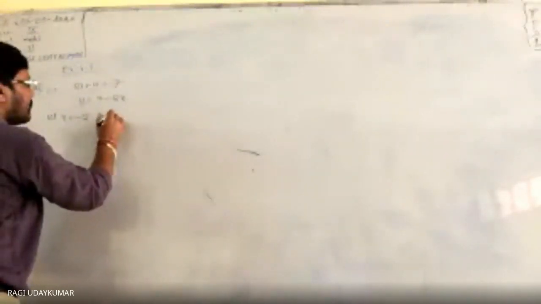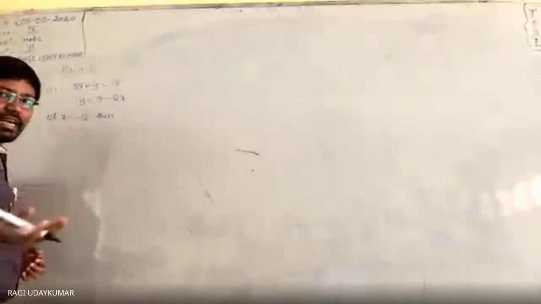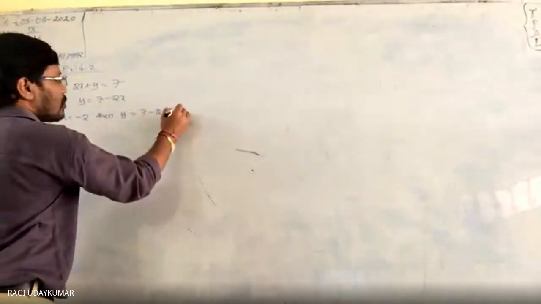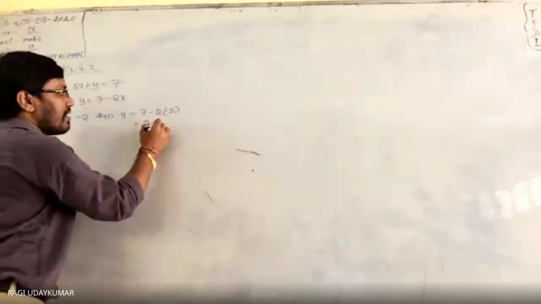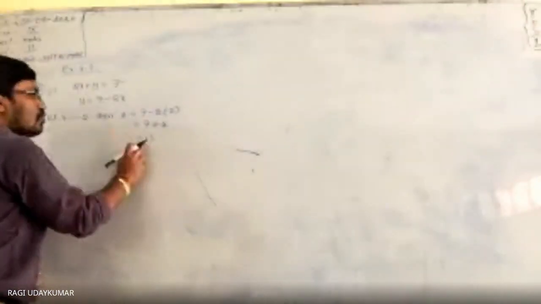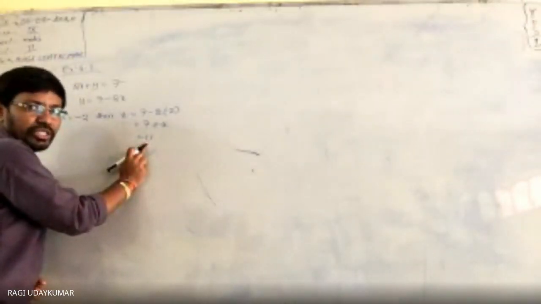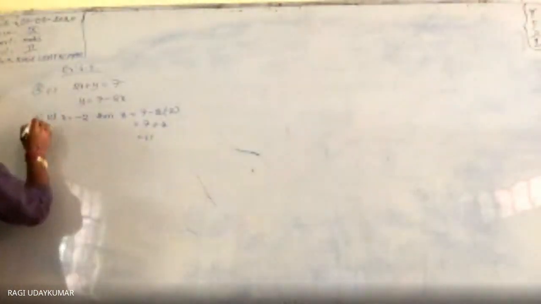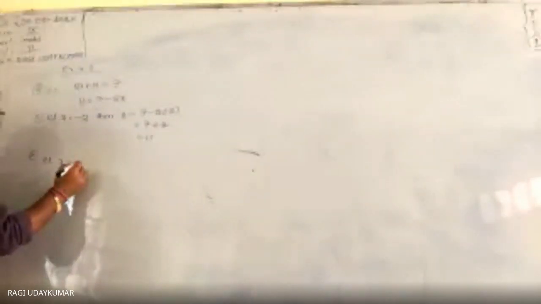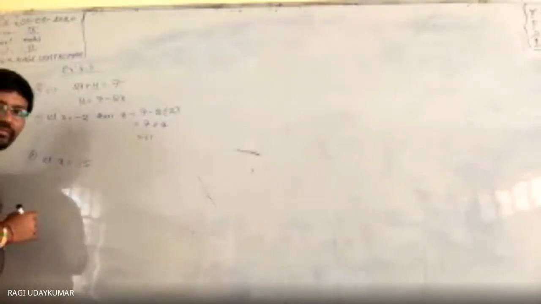Then ये कंसिडर कर रहे हैं हम लोग. y equals 7 minus 2 into minus 2, which equals 7 plus 4, which equals 11. So x equals minus 2, y equals 11 is one solution. This is the first one. Second one, let x equals minus 5 लेता हूँ.